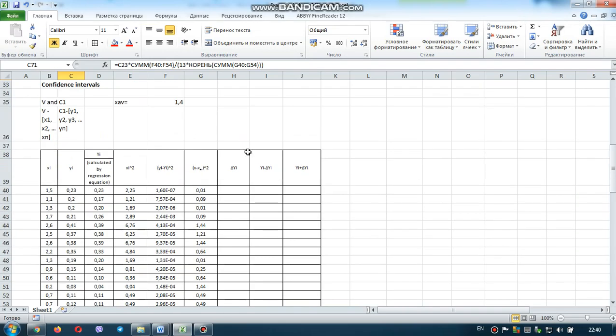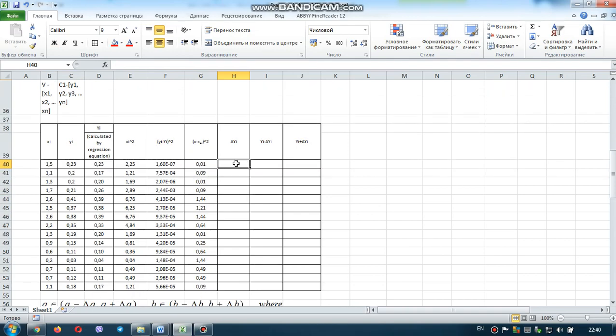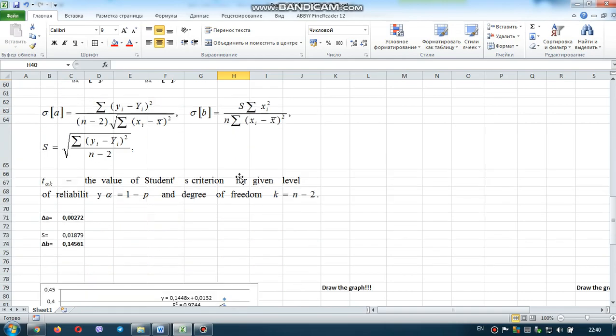And now we have to determine the delta capital Y values, the confidence interval of our function. How to do it?